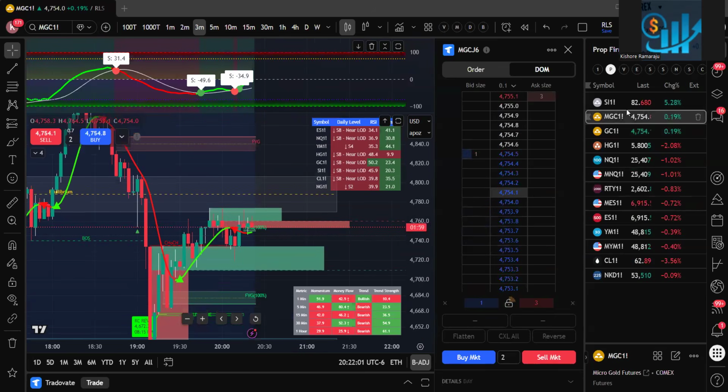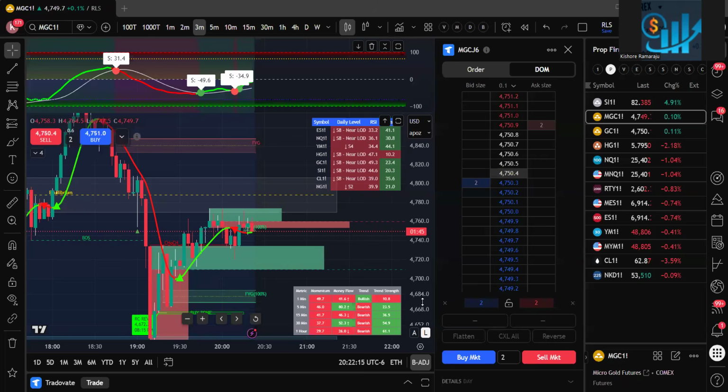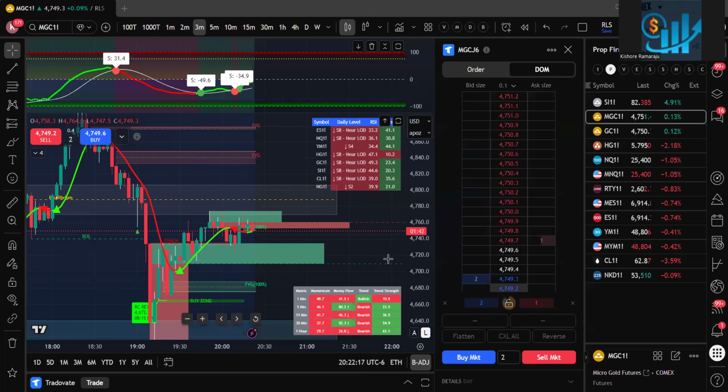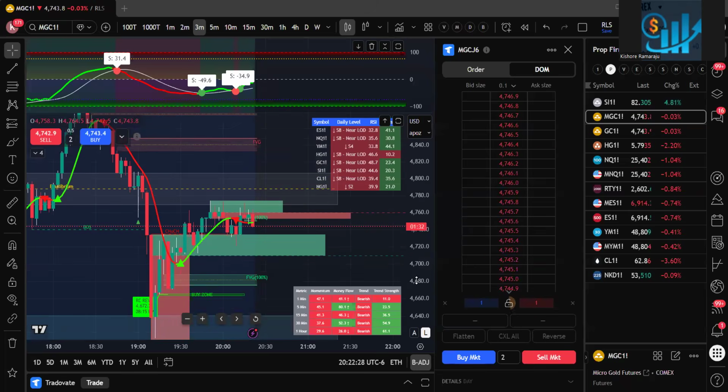So always, if you are trading silver or GC in prop accounts, what I suggest is don't go for minis. Instead of GC, you do MGC, so the risk is less. Even if you are trading pro accounts, you trade with micros. With evaluation accounts, you can take a little more risk.